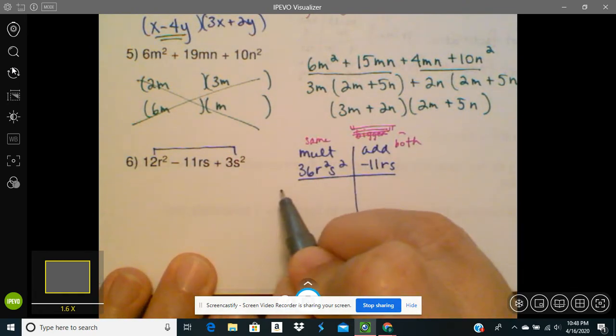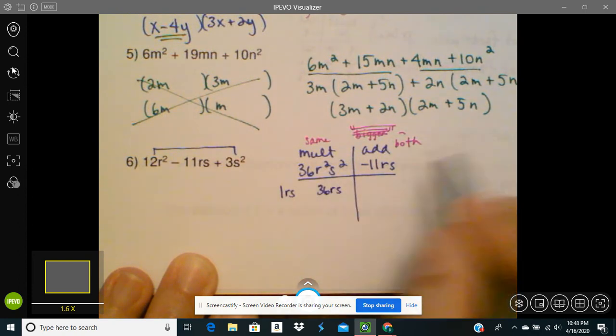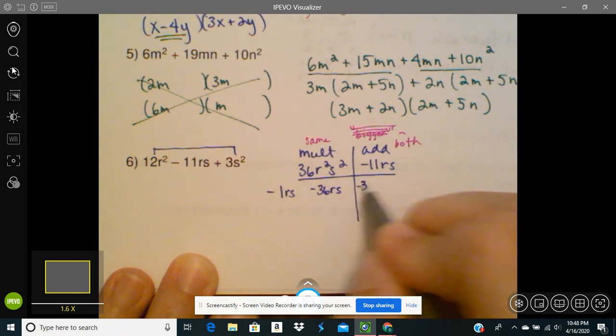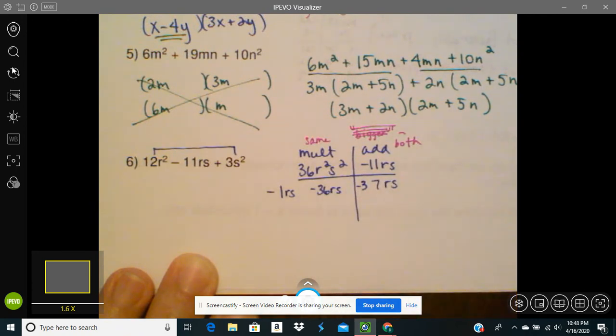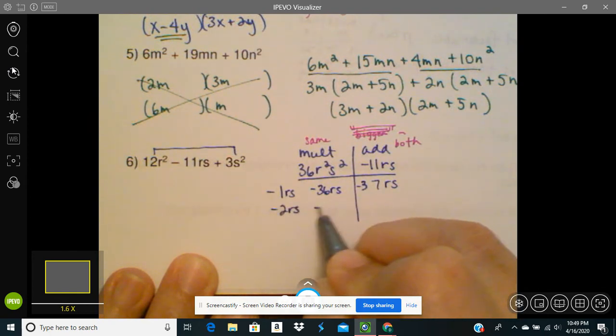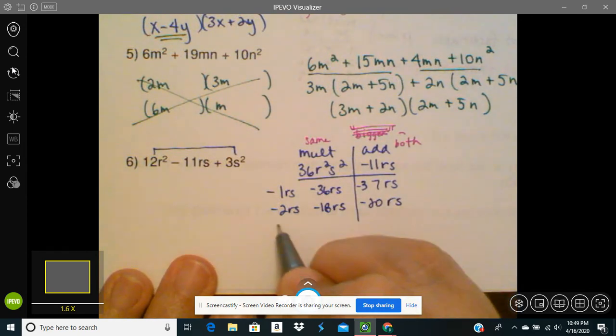So what multiplies to 36? Well, we have 1 rs times 36 rs. Negatives. When we add that, we get negative 37 rs. Let's look at negative 2 rs and negative 18 rs. That adds to negative 20 rs.